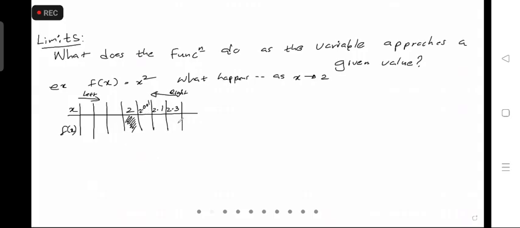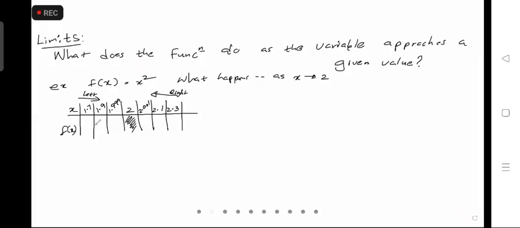Then for symmetry, I will take 1.999 here, 1.9, 1.7. Now it has symmetry.